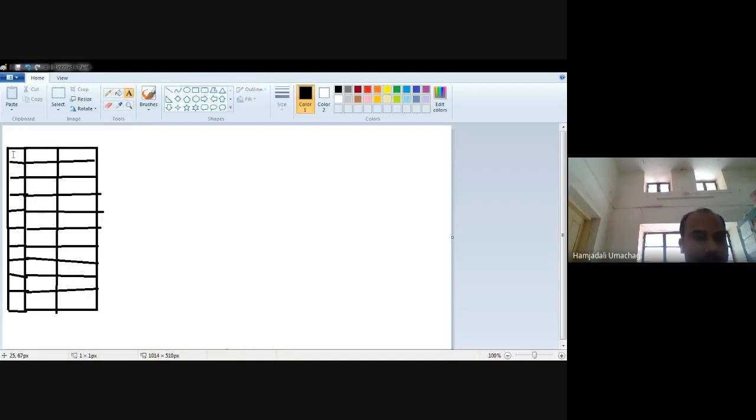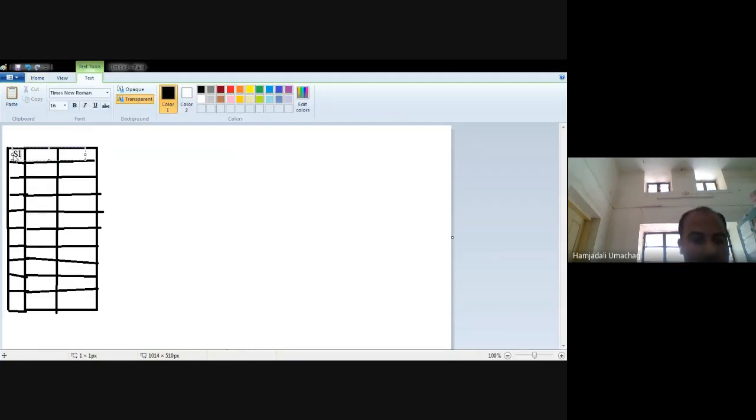Here, we are taking serial number, and this will be power factor, PF, and this will be percentage regulation, REG.